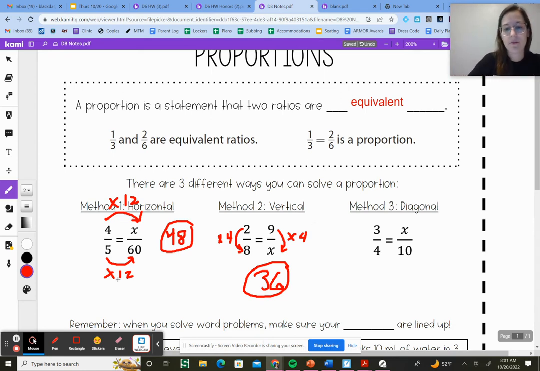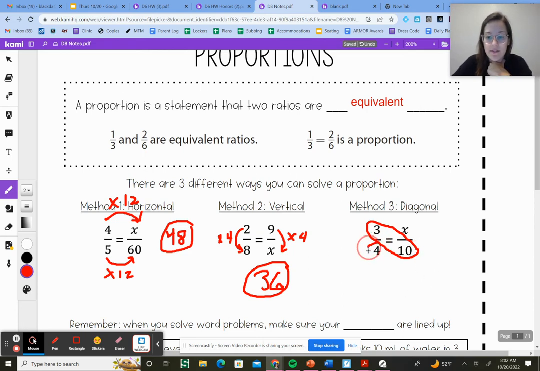And then method 3, some people try horizontal first, then they try vertical. And if neither of those are easy, then they do diagonal. Some people just do diagonal every single time because diagonal always is going to work. So here's how this works. You're going to multiply the two numbers that are diagonal from each other. So 10 times 3 is 30.